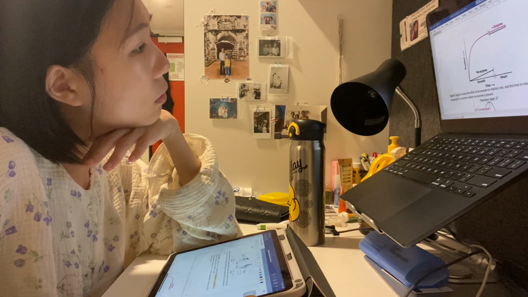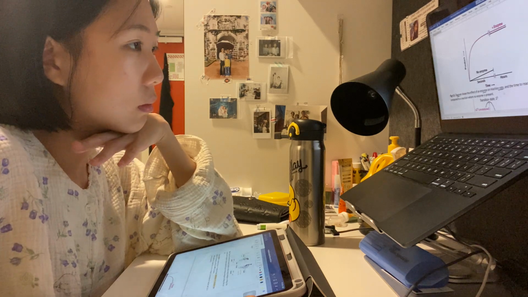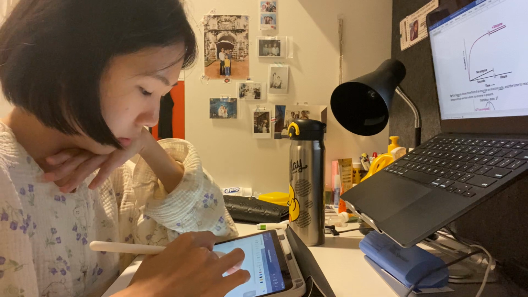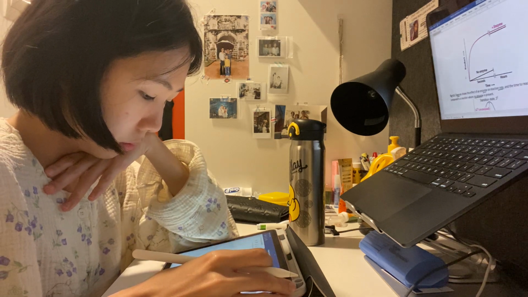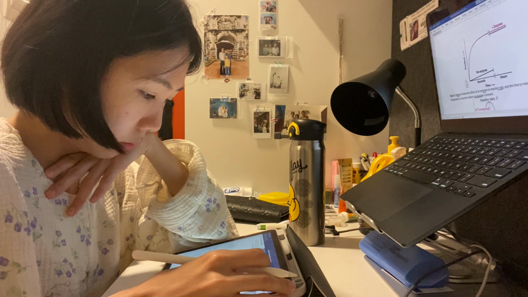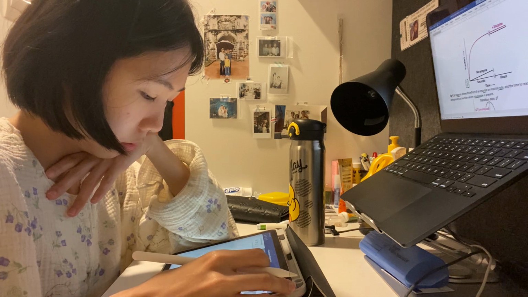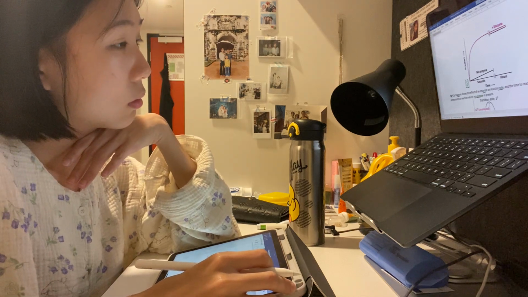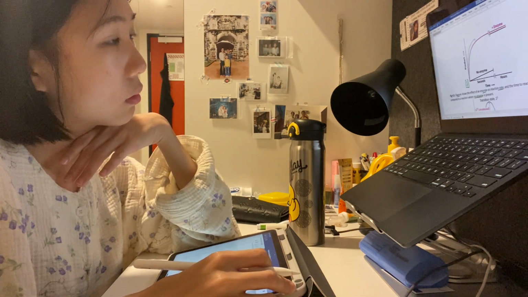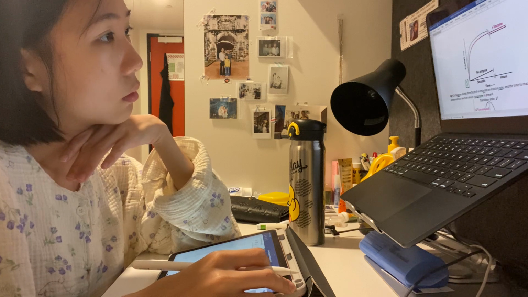So here is an example. The diagram shows the effect of an enzyme on the reaction rate and the time to reach equilibrium compared to where there is no enzyme. So this is product. We're starting with substrate and we're looking at how much product is being generated. You can see that with an enzyme, it goes up very, very quickly, and then it starts to reach equilibrium and plateaus.